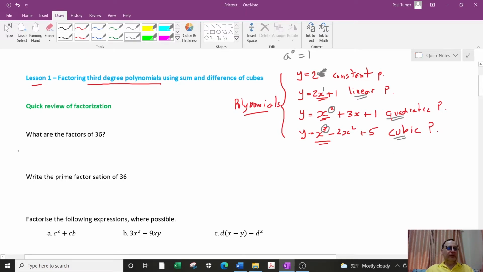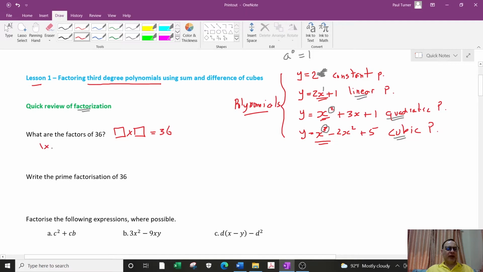So before we go too far, we should do a quick revision of what factorization is. For example, what are the factors of 36? What I want to know are what are two whole numbers that when you multiply, you'll get 36. What do you think they are?